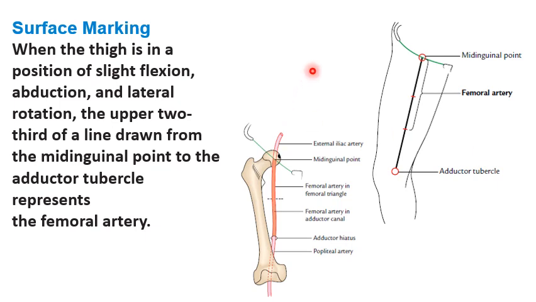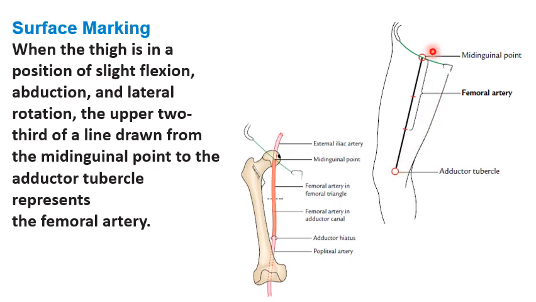Now coming to the surface marking of the femoral artery. The surface marking is done when the thigh is slightly flexed, abducted and laterally rotated, so that we see the anteromedial aspect of the thigh, in which a line is drawn from the mid-inguinal point to the adductor tubercle.